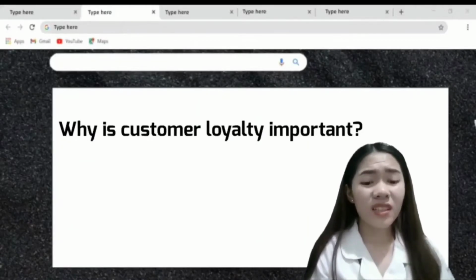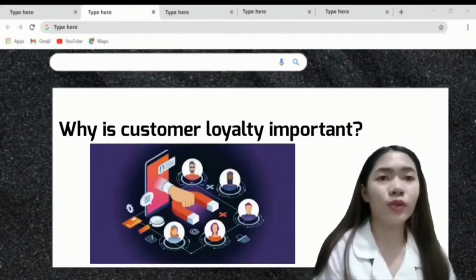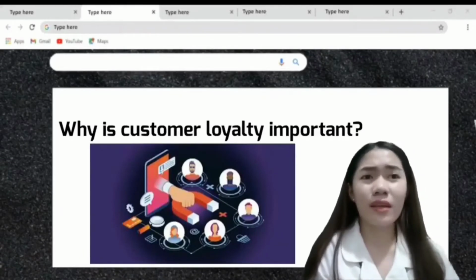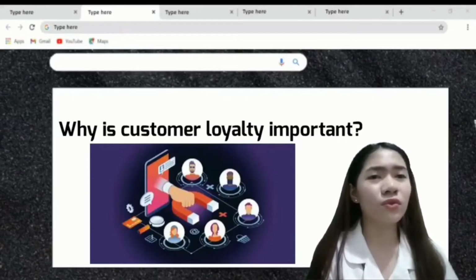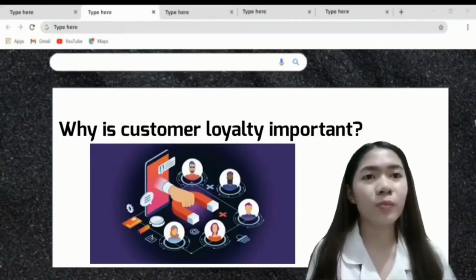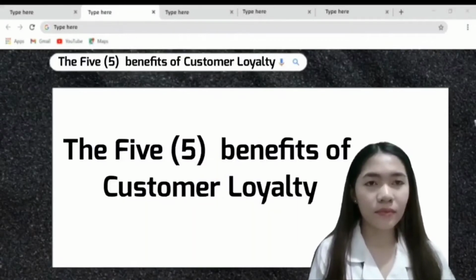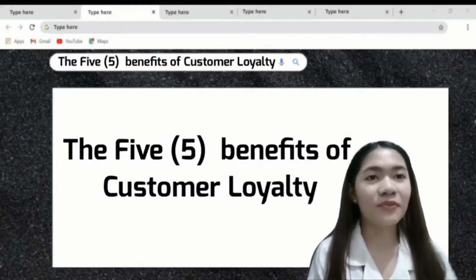So, why is customer loyalty so important? Sometimes we ask ourselves that question. Why do we need to retain our customers? Why do we need to convince them that our business is far more competitive than the other businesses? The reason is that we have these 5 benefits.